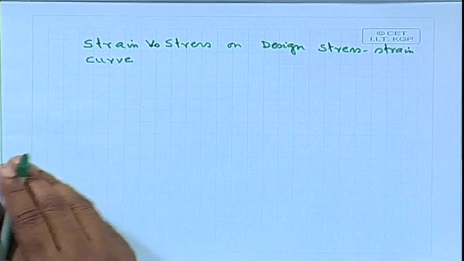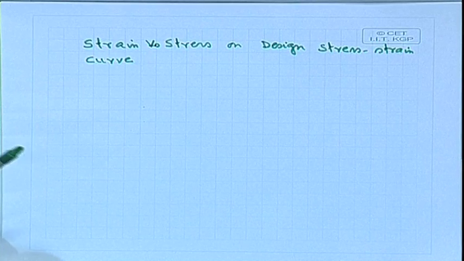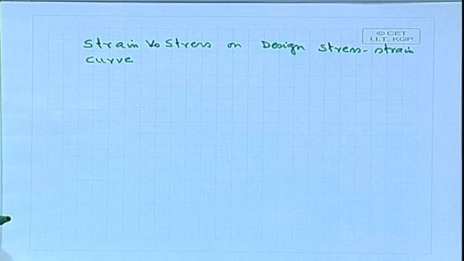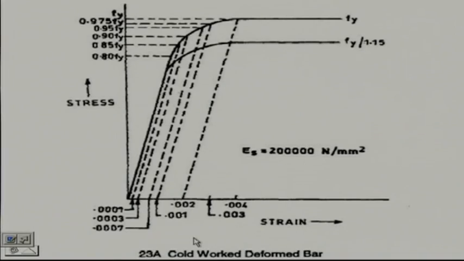Let us find out in this curve, for a particular strain, how much stress we shall get.